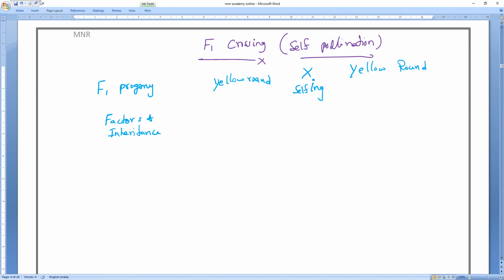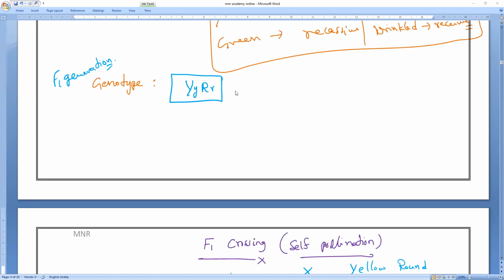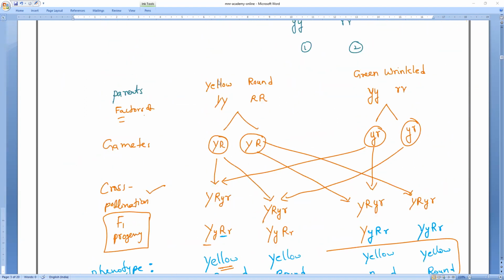First, tell me the genotype. What is the genotype of yellow round in the F1 generation? Capital Y, small y, capital R, small r. Here also, capital Y, small y, capital R, small r. Now, this is the most crucial step. Before, in the parents, we had only pure parents, so gametes were only 4.